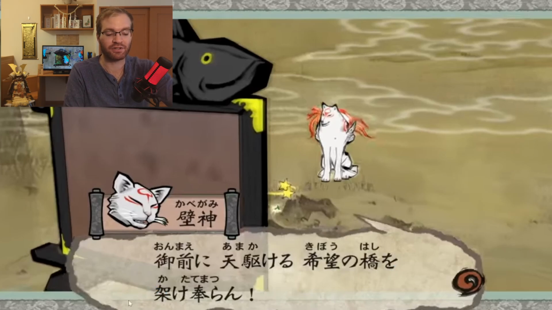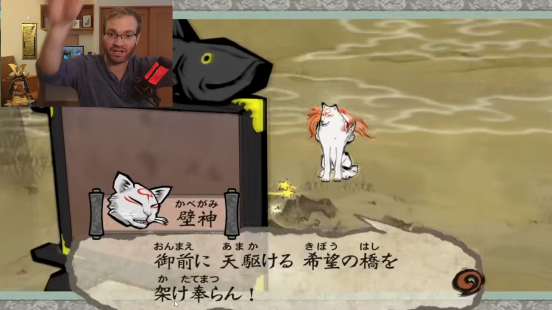Kake tatematsuram. So here's another use of the verb kake, okay, or in this instance, kaku, okay? So kake means to put up, to stick up, right? So when you put something on the wall, like when you put up a signboard, you kakeru it, right? In modern Japanese, you kakeru, right? Or if you hang something up, you kakeru, right?